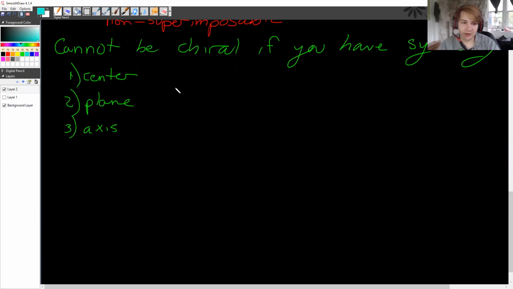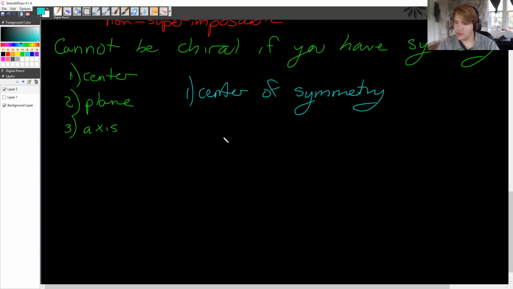What I want you to consider first is the center of symmetry. I want you to imagine that you are standing in the middle of this molecule here, all right?